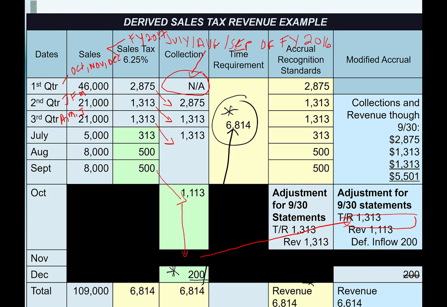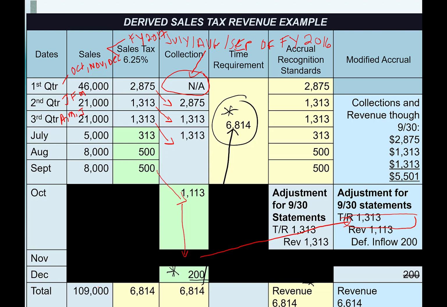So even though they collected some in the first quarter of this year, that money would have been what? July, August, September of, say, fiscal 2016. But we're trying to figure out the revenue for fiscal 2017, which begins October 1st and ends September 30th, right?